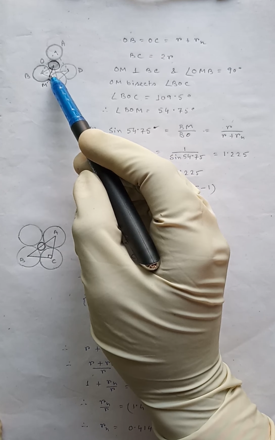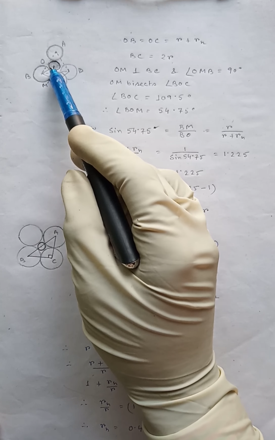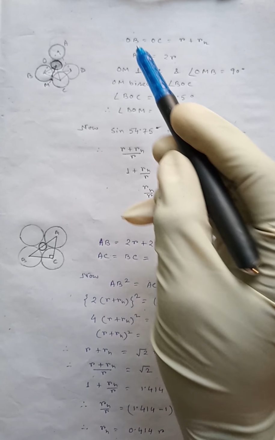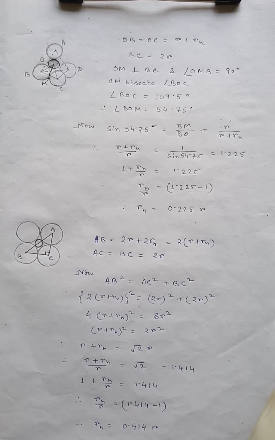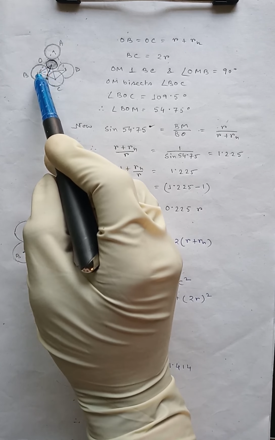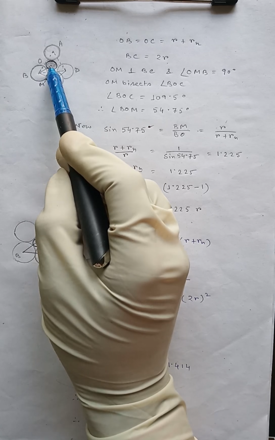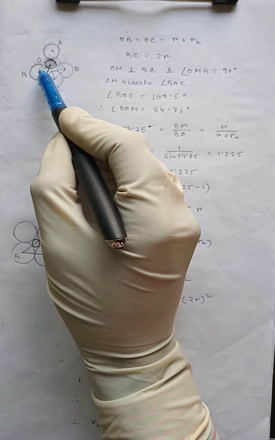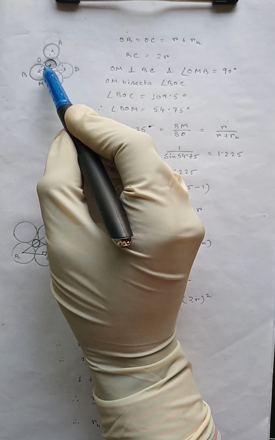So now we have to calculate the radius ratio between the radius of this cation and the radius of this anion. So look, OB is equal to OC. OB and OC are equal to R plus RH, where R is the radius of the anion and RH is the radius of the hole.